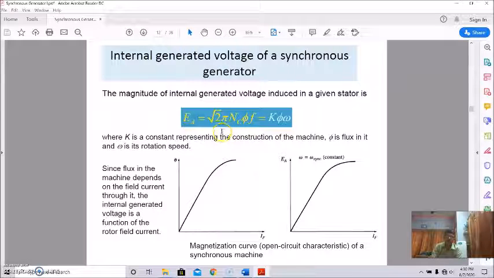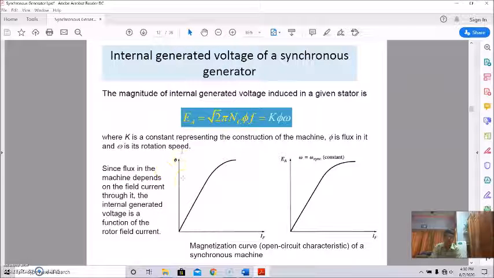If we take root 2 pi NC as a constant, it depends on the number of turns, so this is K phi omega. K is a constant representing the construction of the machine, phi is the flux, and omega is the rotational speed.